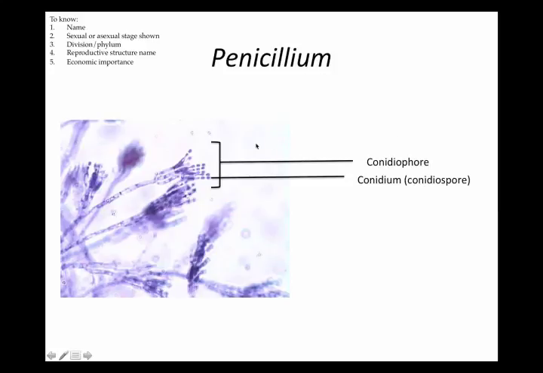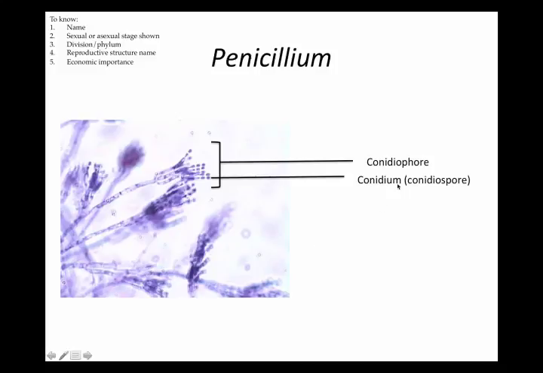This Penicillium is showing us its asexual stage. In Ascomycota, the asexual stage has these two structures. The whole unit here is called the conidiophore. And I think I might have given you it as spore, but that's different. So the conidiophore is the whole thing. Go back to your lab notes or your drawings in your book and make sure you labeled it conidiophore.